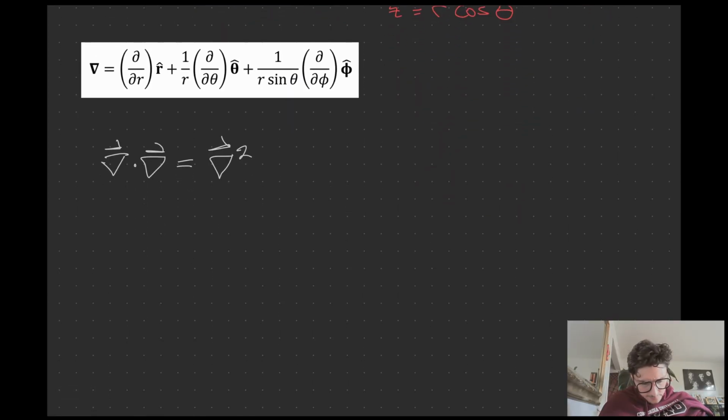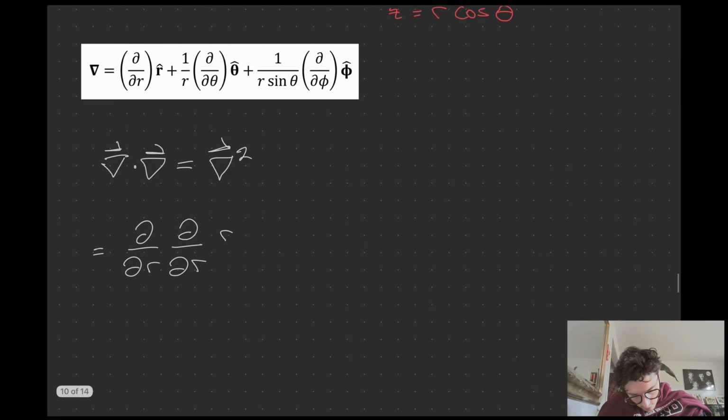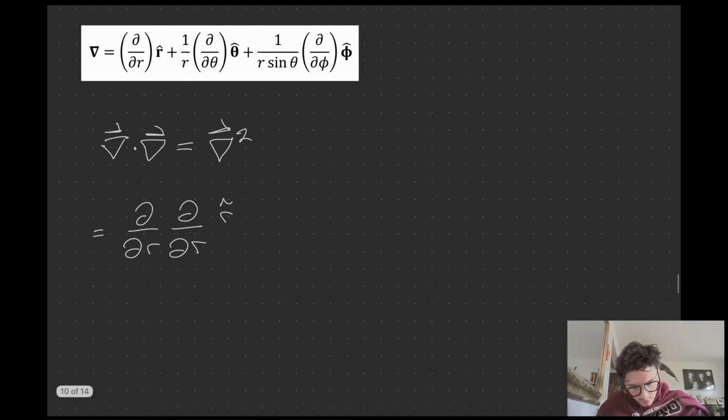Let's try to compute it. Partial r, and then I think it's partial r hat. Whoops, my bad.